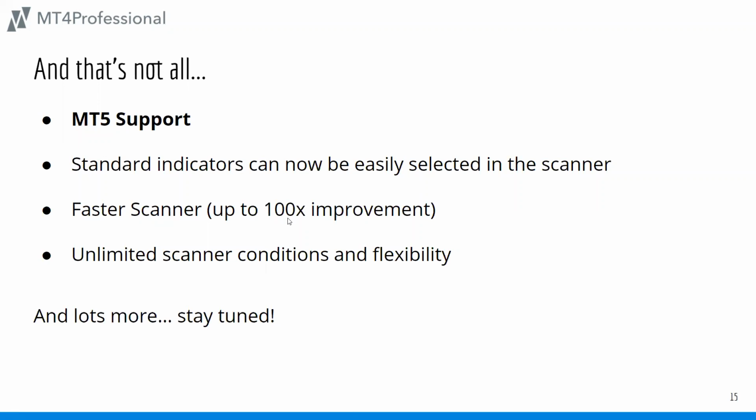It's just awesome. The scanner is so fast now that you have to actually slow it down sometimes in case you have a not as fast computer. So it's amazing. And we also give you unlimited scanner conditions and flexibility to input those changes. I'll show you more as we progress along.